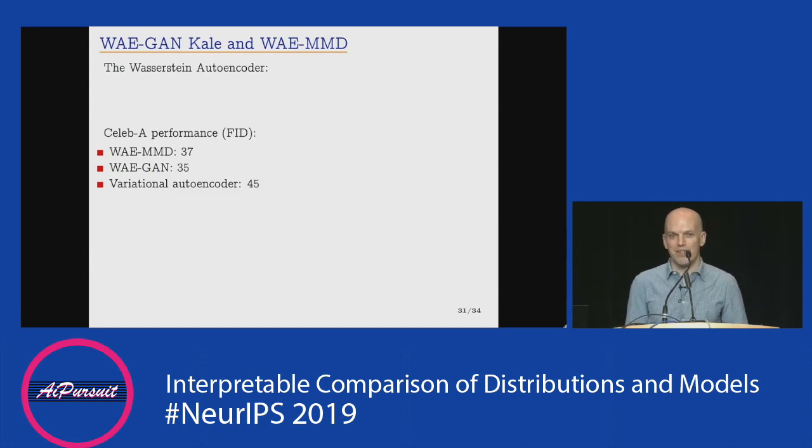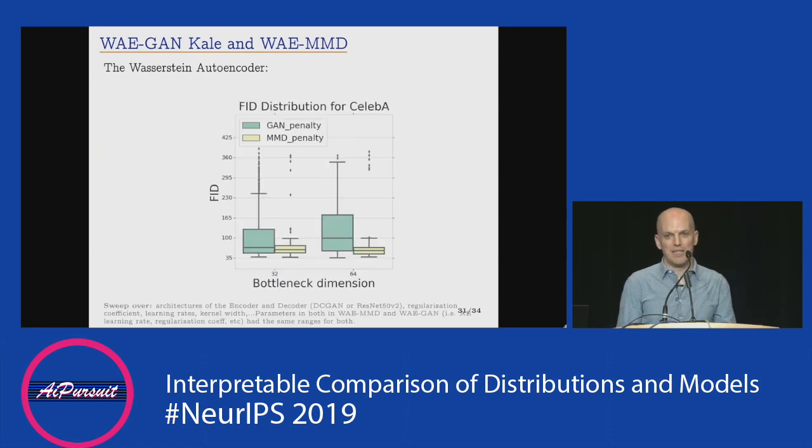So is this the whole story? If this was all that you saw, it would seem that both methods are interchangeable. But it's interesting to see how these methods behave as one does a sweep over all of the parameters, over the critic network, over the encoder architecture, over learning rates, etc. So here we are showing two box plots for each method for different bottleneck dimensions.